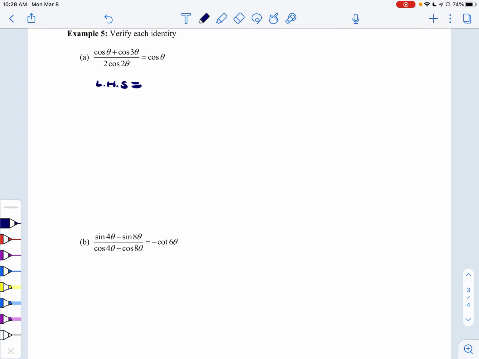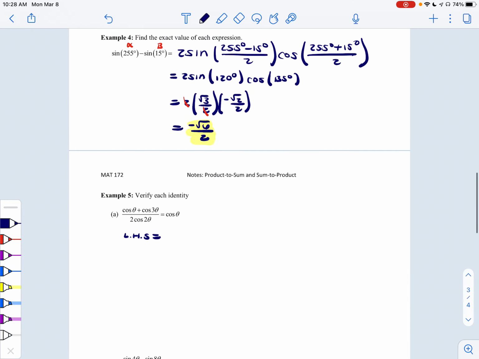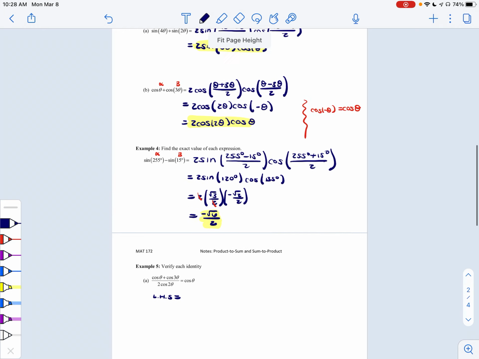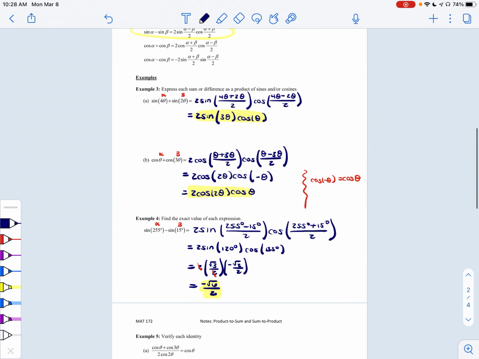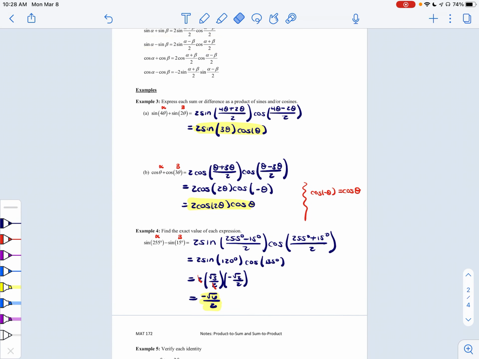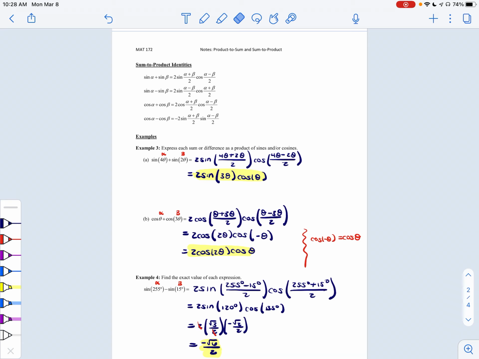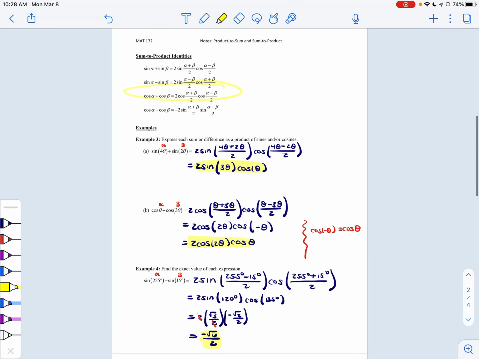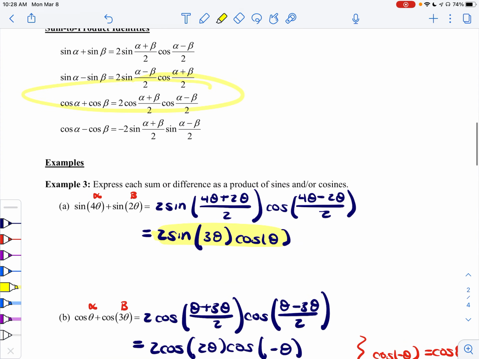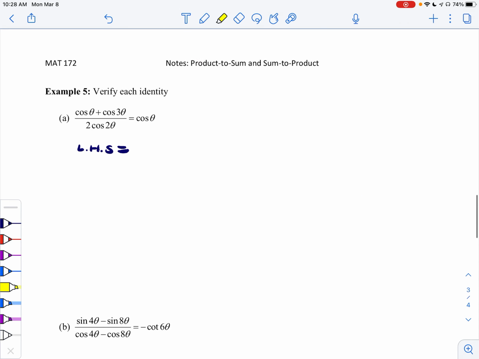Okay, so thinking about how we can approach this, given that we're looking at our product to sum and sum to product identities, that's probably what we want to be looking at here. So if we take a look at that numerator, we have a cosine plus a cosine. So I'm going to go ahead and think about using this third sum to product identity, the cosine of alpha plus the cosine of beta, in order to switch that sum to a product.